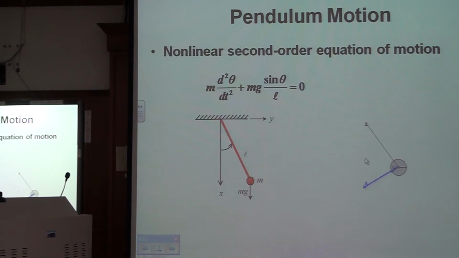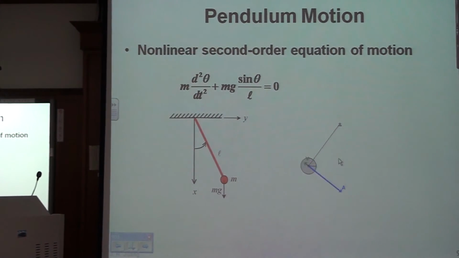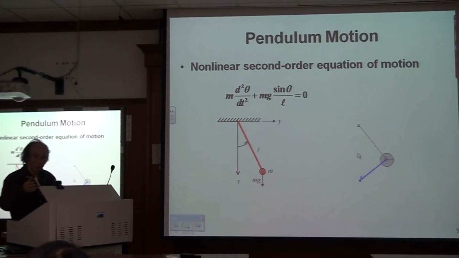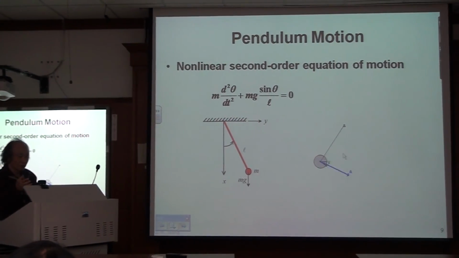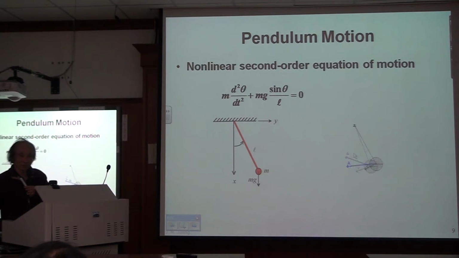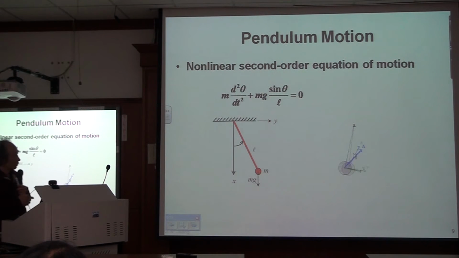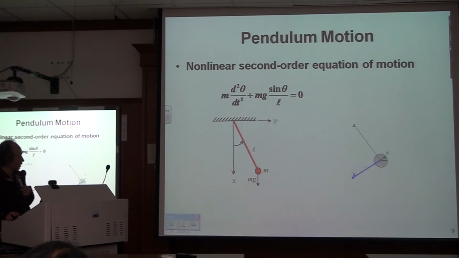Although the equation of motion of this and the equation of motion for the spring are not the same, when you plot the motion, they look different because this is in terms of angle theta, and the spring is in terms of linear displacement. One is angle, one is linear displacement. That's the difference. So when you solve these equations and plot them, you can see this is the motion you have.